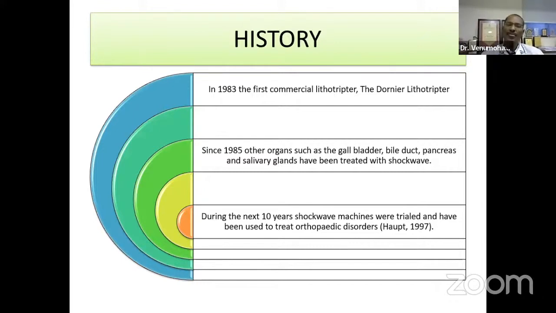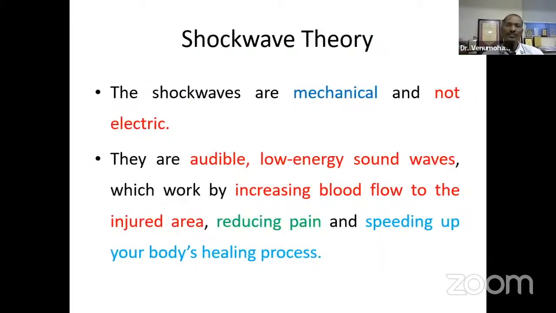And these are all being treated by these acoustic waves. Now, during the next 10 years, shockwave machines were improved, trialed, and used to treat a lot of orthopedic disorders.